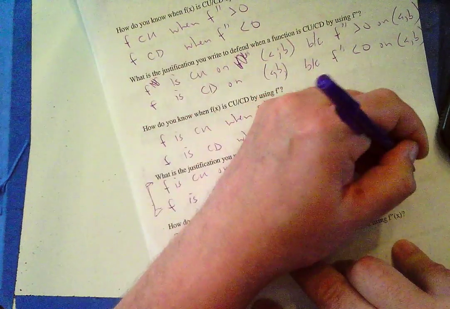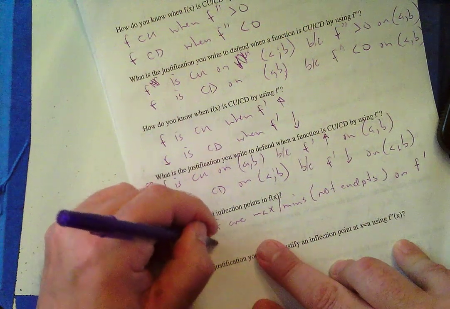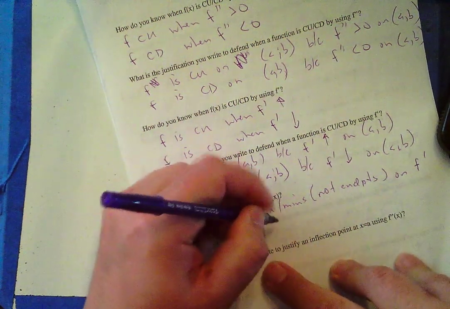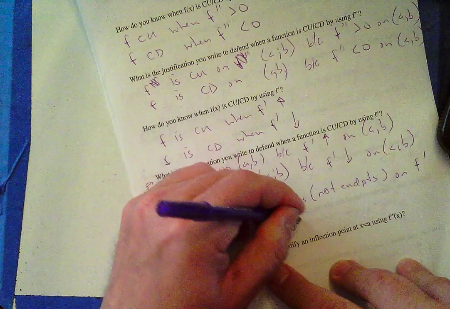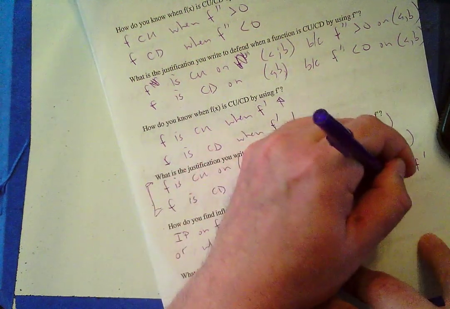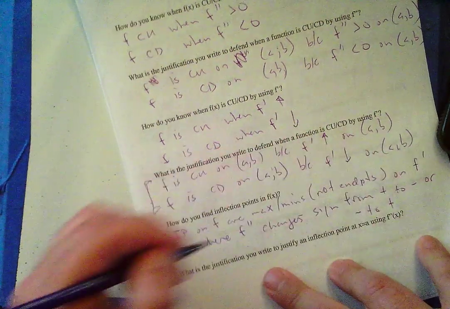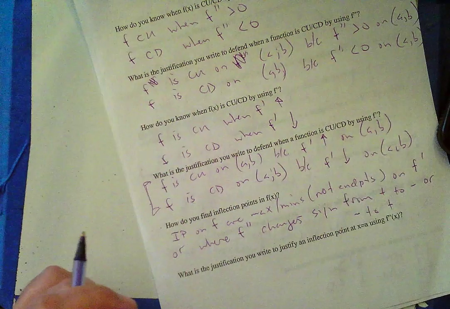Maxes and mins on f prime, or where f double prime changes sign from plus to minus or minus to plus. You could just say changes sign for that one.